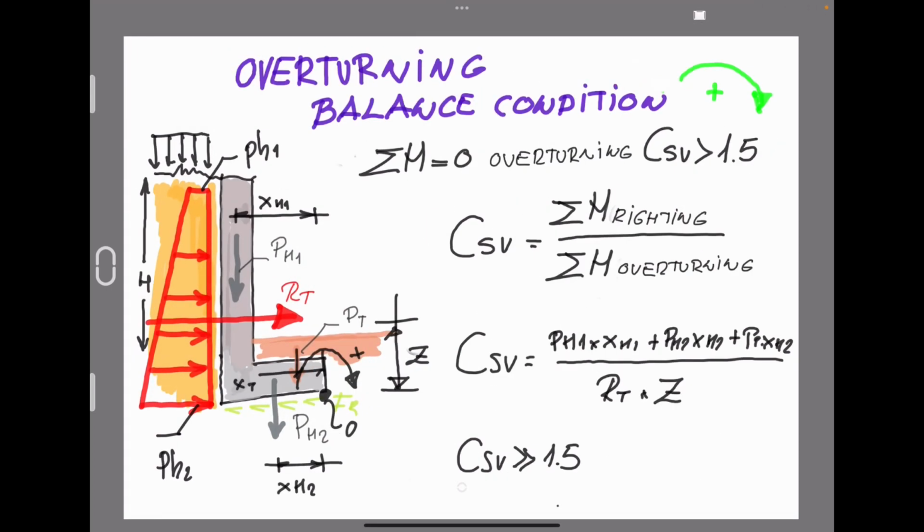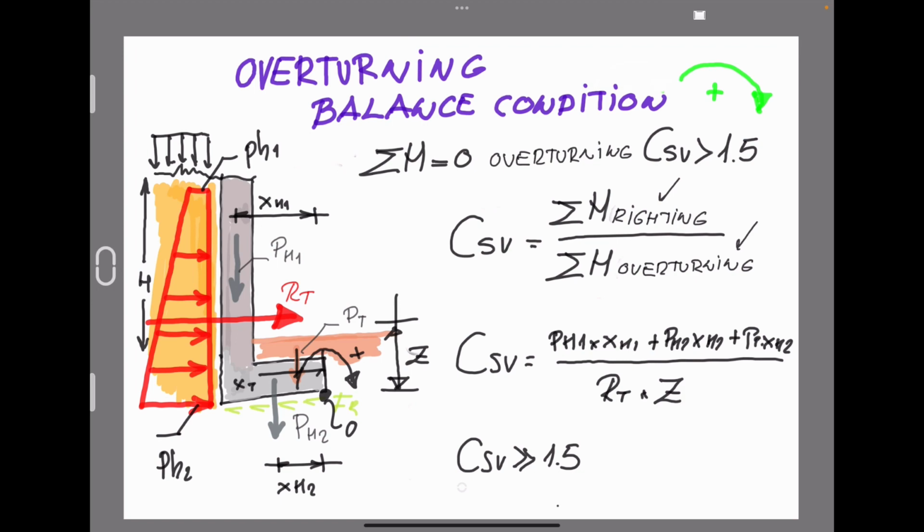Second, in order to guarantee the balance condition for any retaining wall, we have to comply with the overturning balance condition. Similar to the sliding condition, there must be specified a safety factor at least equal to 1.5. We can define the safety factor as the summatory of the righting moments divided by the moments of overturning.